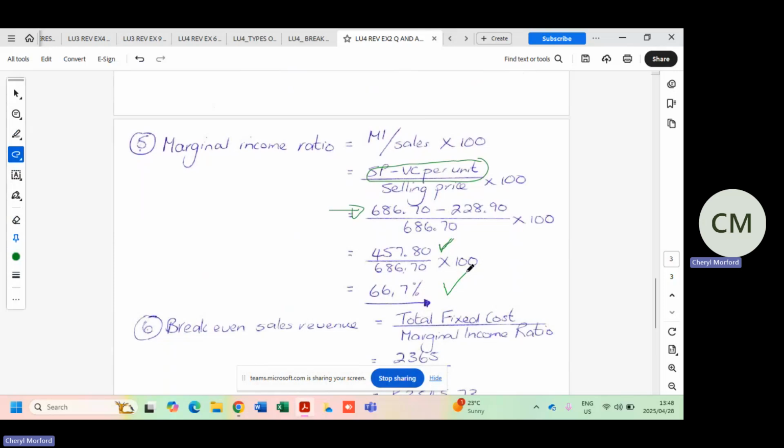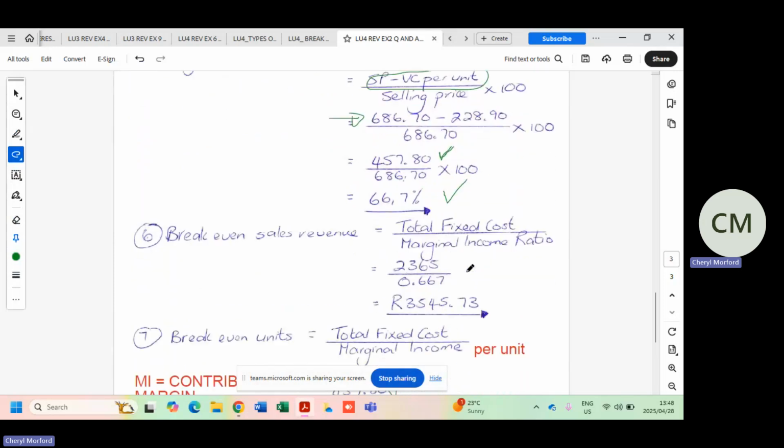And then the last of the questions that we're going to do. So for break-even sales revenue, there are 2 formulas. Either this one, like I'm going to do for you now, number 6, or a slightly simpler one. So why I'm doing this method in number 6 is because number 5, I asked you to calculate the marginal income ratio.